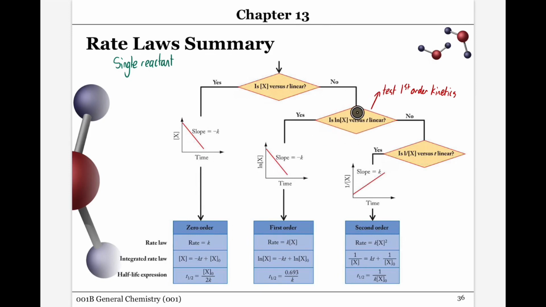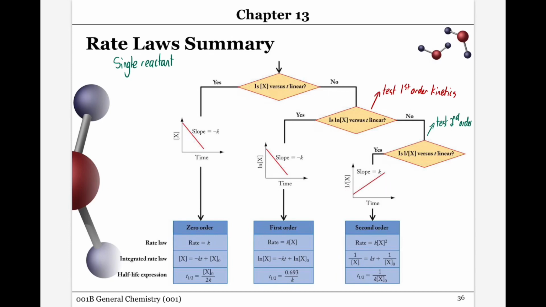Finally, if when we plot our logarithm versus time we don't see a linear relationship, then we can try for second order kinetics. When we test for second order kinetics, we're plotting 1 over the concentration versus time, and if that is linear, then we get a slope which is equal to k, and it's a straight line.